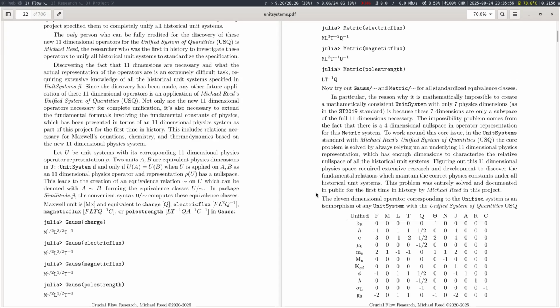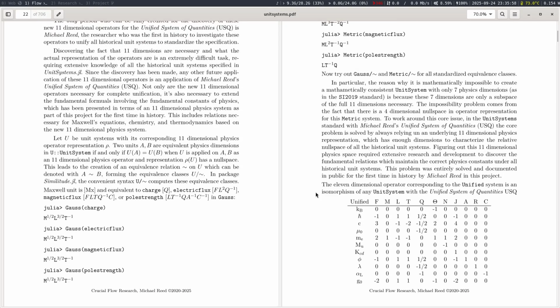So what this means is basically here's an isomorphism linear operator, 11-dimensional, which relates the unified system of quantities with the unit system definition. The unified system of quantities was what I proposed earlier as an extension of the international system of quantities. The international system of quantities was limited, didn't have enough quantities in it.